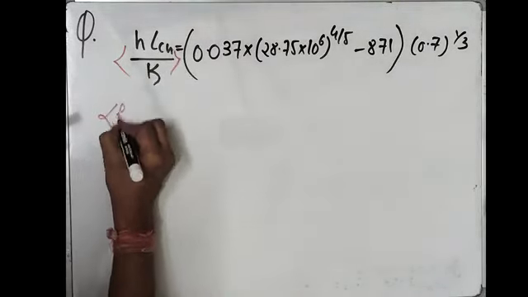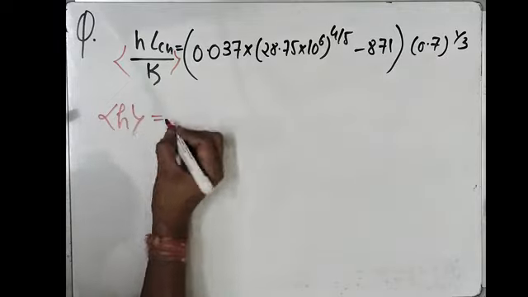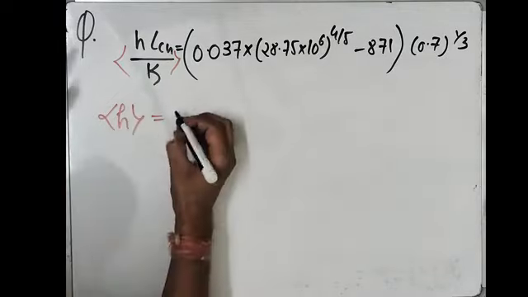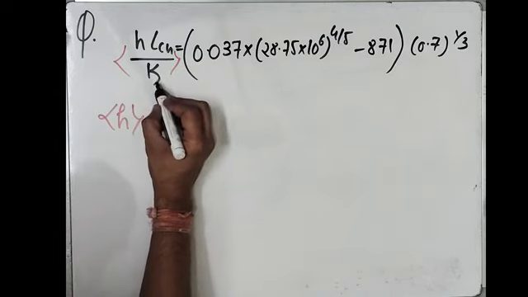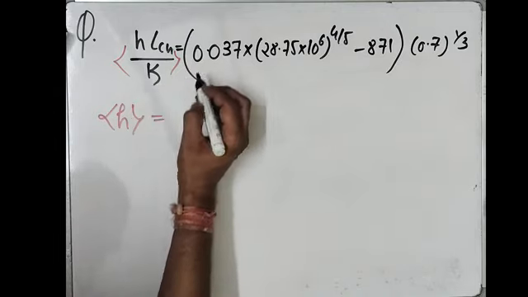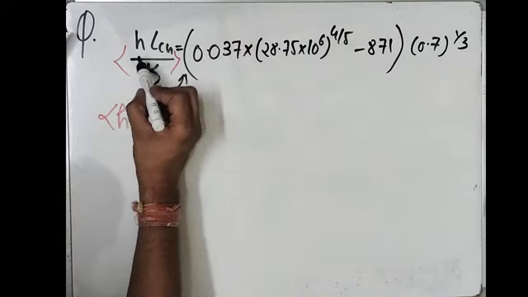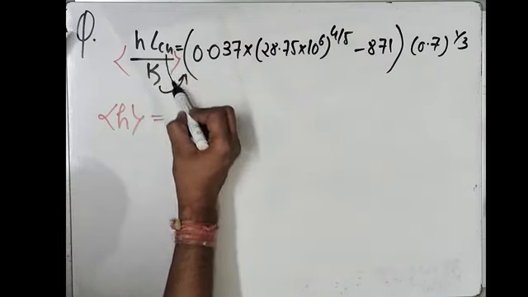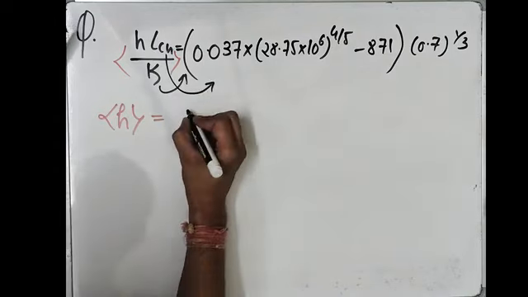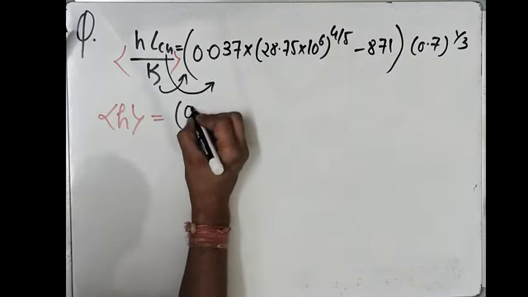Now to find the heat transfer coefficient, we will multiply the thermal conductivity on the other side and divide by the characteristic length. So the equation breaks down to this.